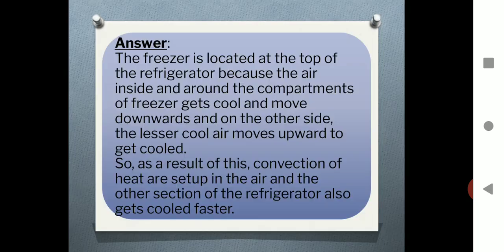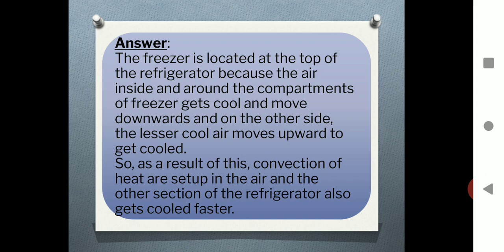So let us see. The freezer is located at the top of the refrigerator because the air inside and around the compartments of the freezer gets cool, and since cool air is heavier, it will start moving downwards and on the other sides, whereas the less cool air which is present at the bottom of the refrigerator, being warmer as compared to this cool air, will start rising upwards.